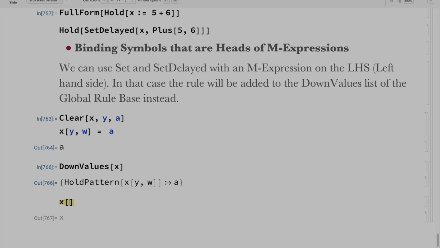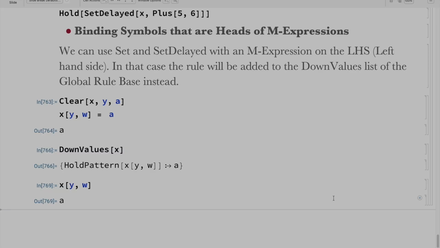So if I have x[w, y], nothing happens because the pattern is x[y, w], right? So if I put in x[y, w], it finds that and it gives me a.